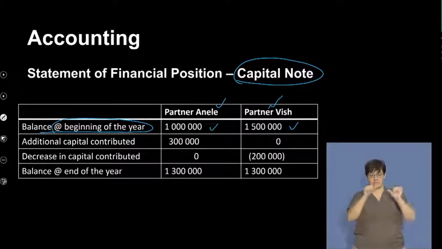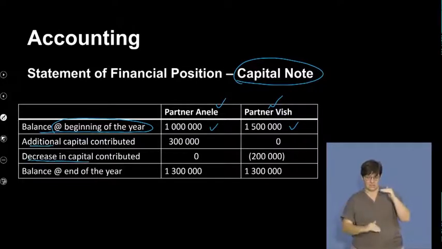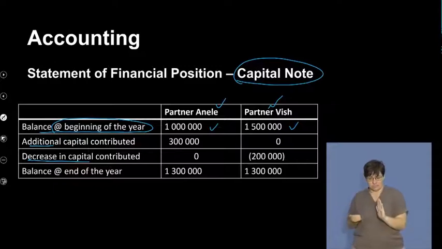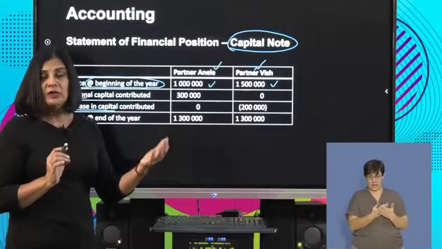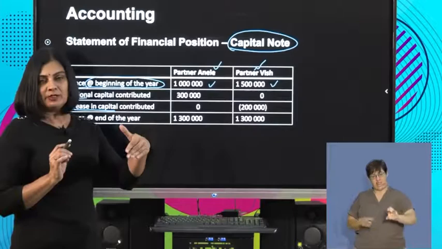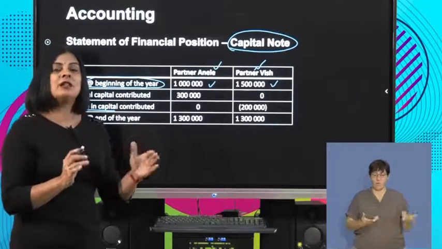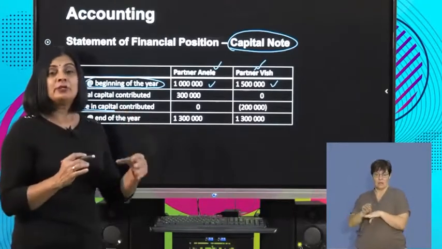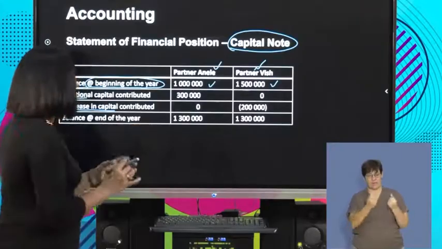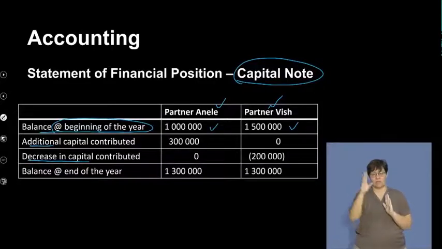Then, what was the additional capital each partner contributed, or was there a decrease in capital contributed? Remember, they could be both. Partners could increase their capital, additional capital, as well as decrease their capital during the financial year. So this is now reflected in the note.